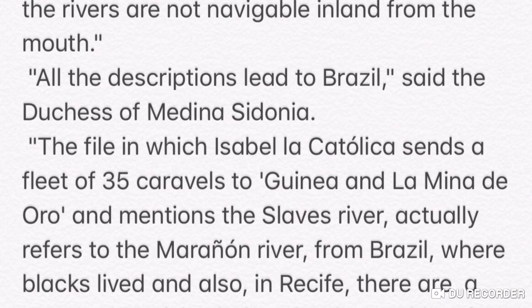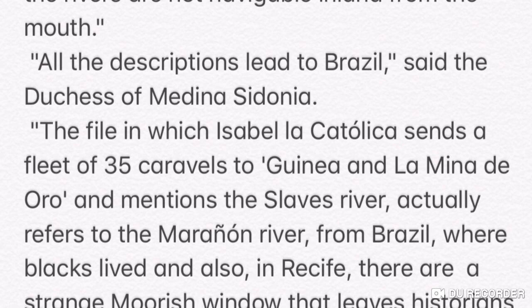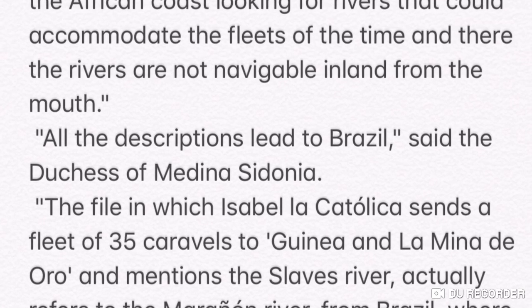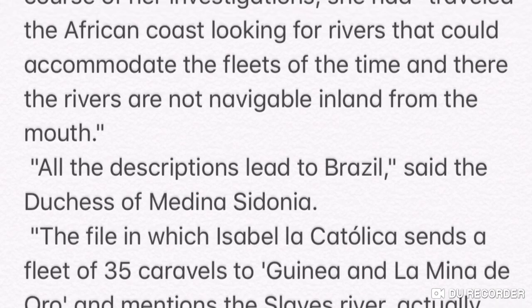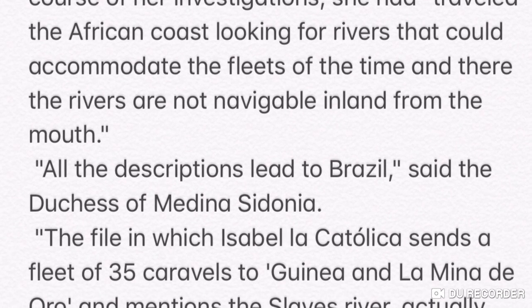All the descriptions led to Brazil, so she was going to Morocco looking for this Moroccan empire that would connect to her country, Spain, and her family.